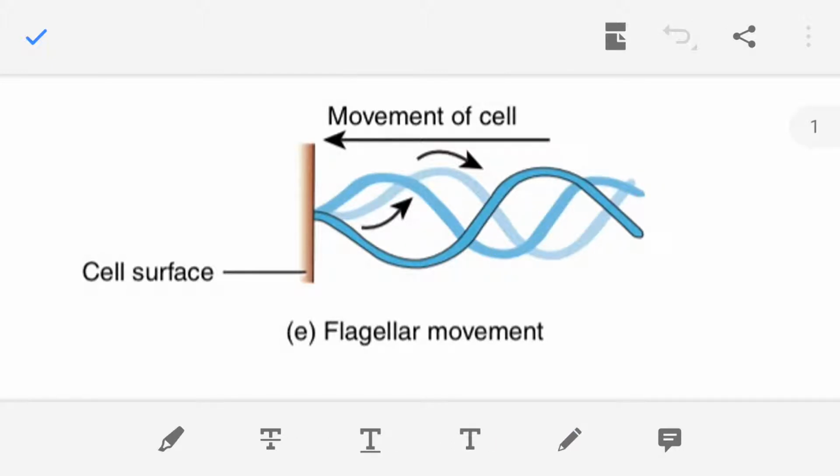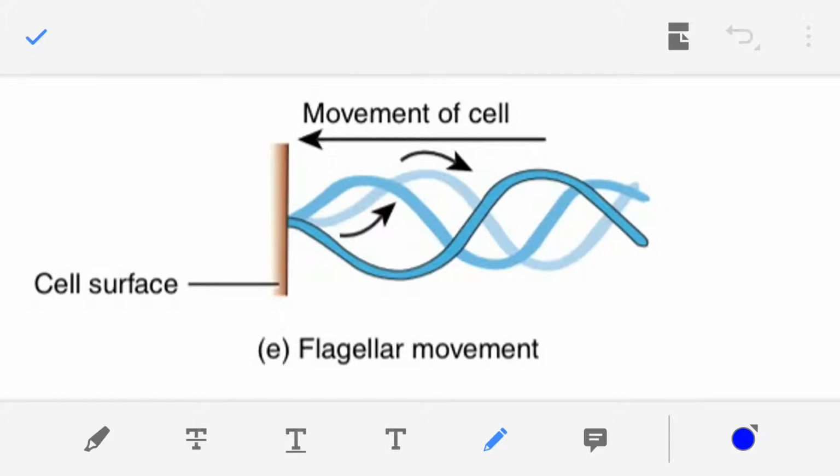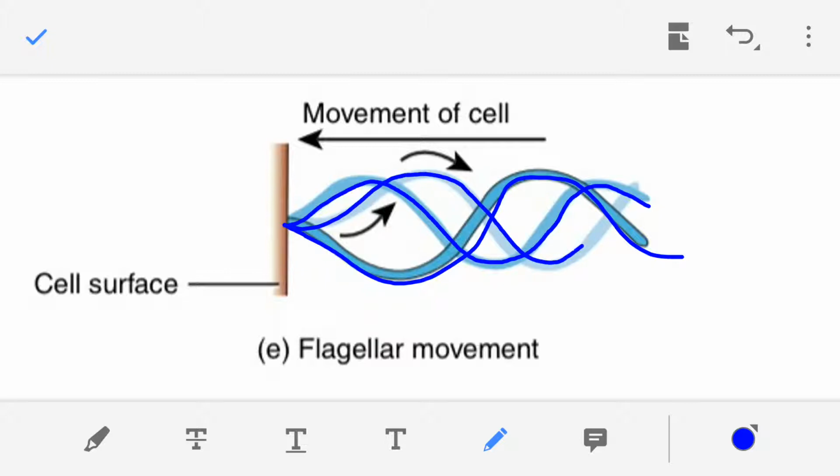So this rapid wiggling is a wave-like pattern. These are not different flagella. This is a single flagellum they are showing, and as you can see, it is moving like a wave. So due to this wave-like movement, what happens? It propels the cell.